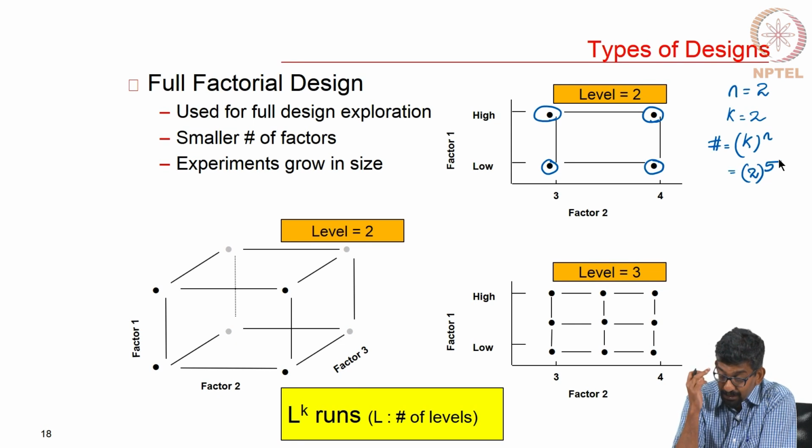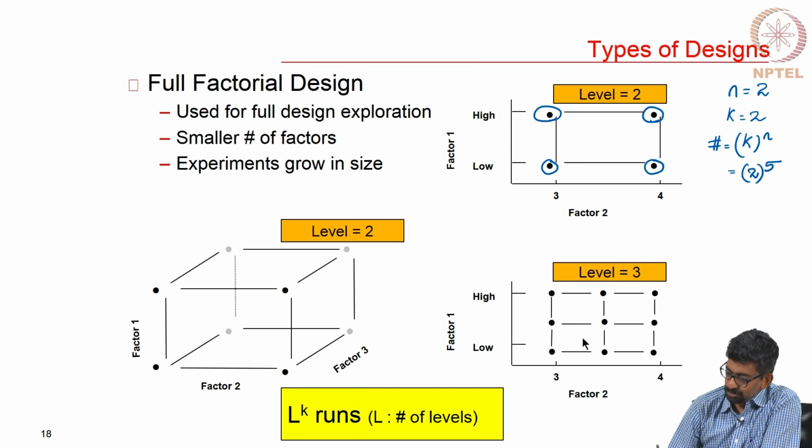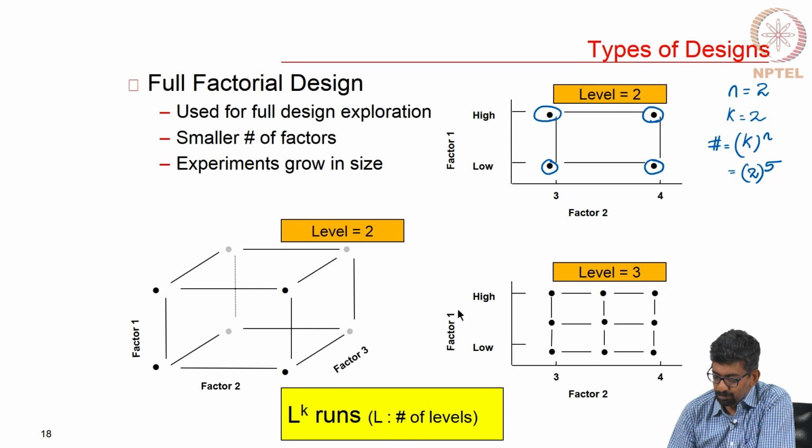Just to give you an idea, if I do 3 levels, what does it mean in the same 2 factors, factor 1, factor 2? This is factor 2, at this particular level I have 3 levels.